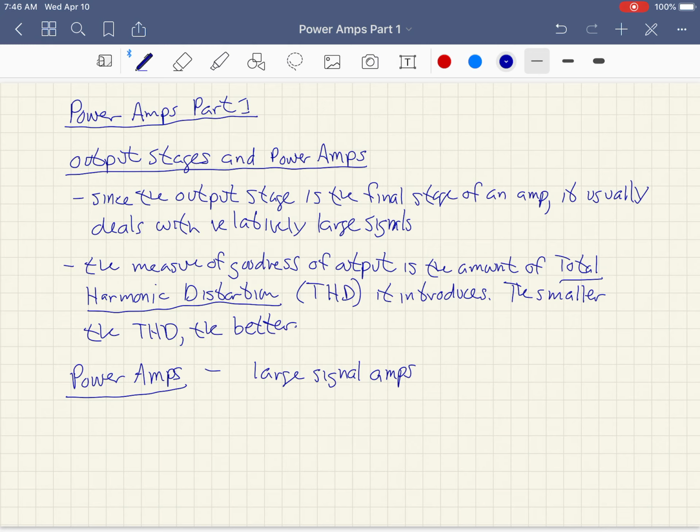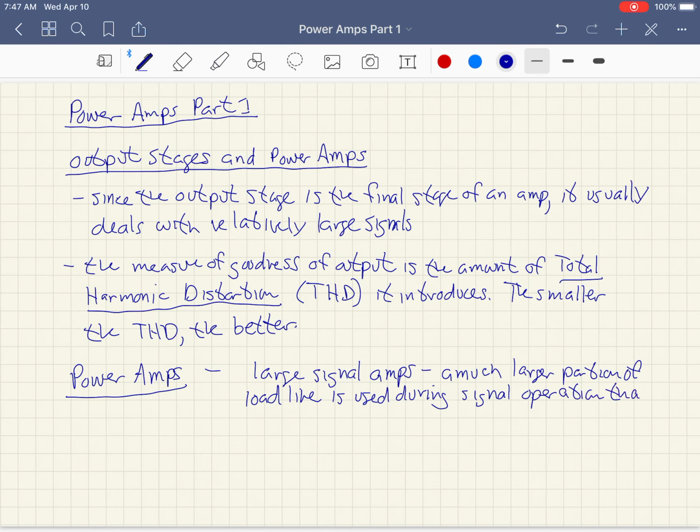And what that means, we talked about load lines, and you talked about them last semester too, is that a much larger portion of the load line is used during signal operation than in a small signal amplifier.